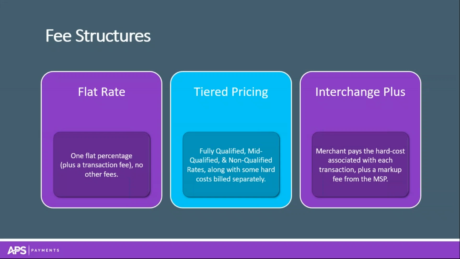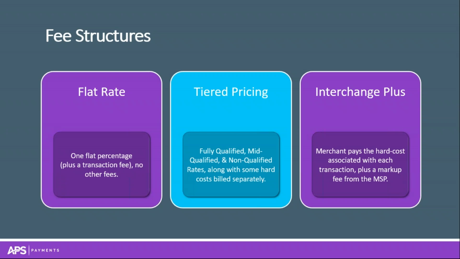One thing to keep in mind as we go through this is that different card types call for different acceptance costs. So these are three examples of common pricing models used by merchant service providers in the industry. On the left, we have flat rate pricing, often used by companies like Stripe, Square, PayPal. In the middle, we have tiered pricing.